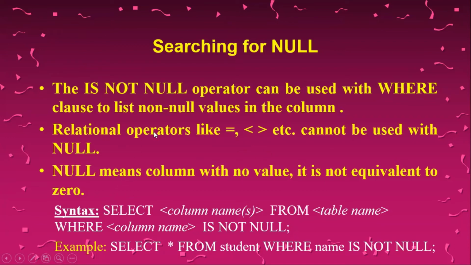You have to remember that in points, and null means a column with no value. Here, instead of is null, we make it is not null. So it is the opposite of is null, that is, it will display the values that are not null inside the columns.